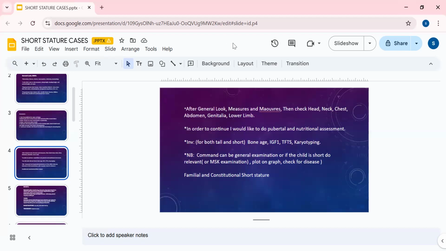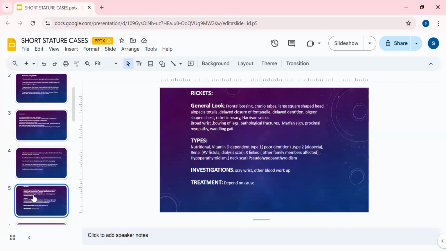Okay, excellent. And then coming to the causes of pathological short stature, what are the different causes? They could be because of some syndromes, endocrine problems, or some skeletal dysplasias.